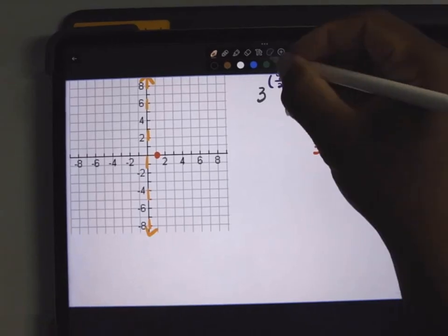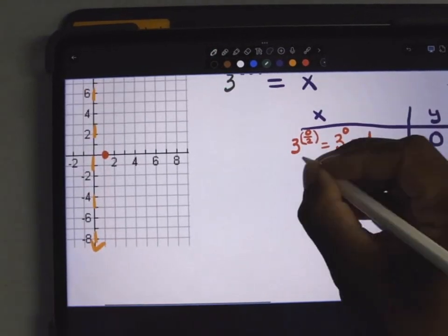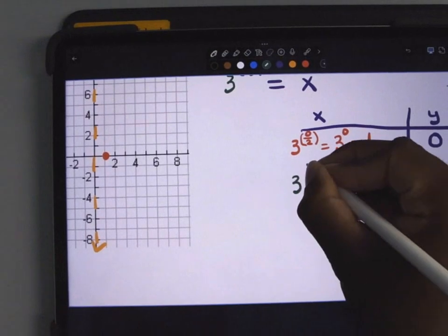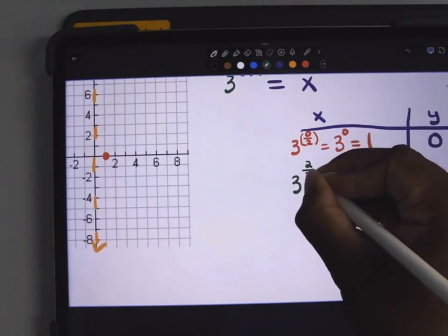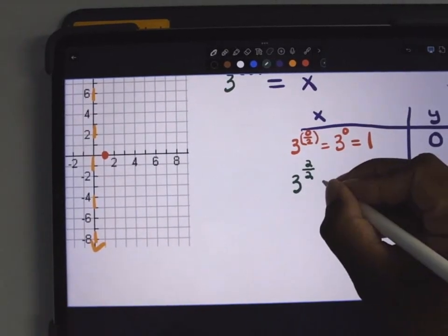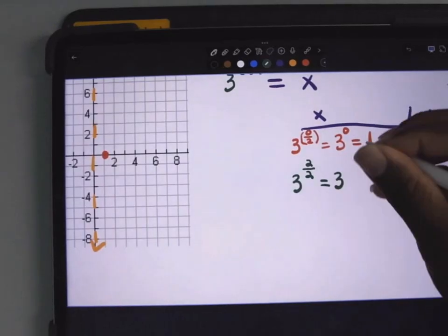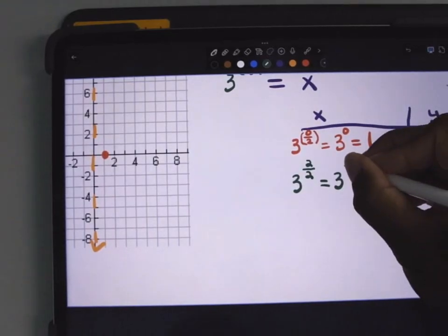This time we'll put 2 in. So we got a base of 3, and then y is 2 divided by the 2 that was already there. What is 2 divided by 2? 1, right?